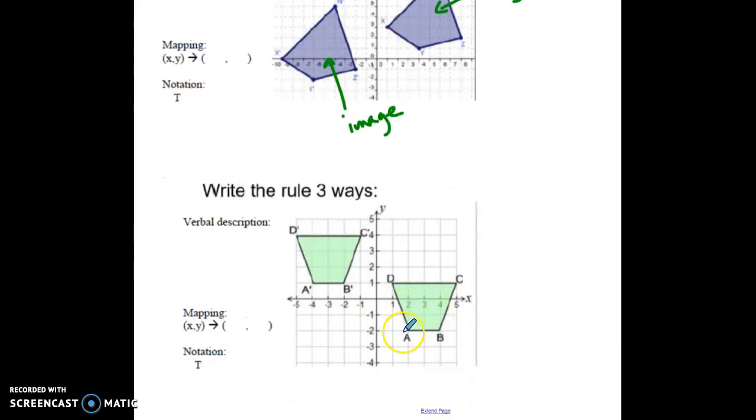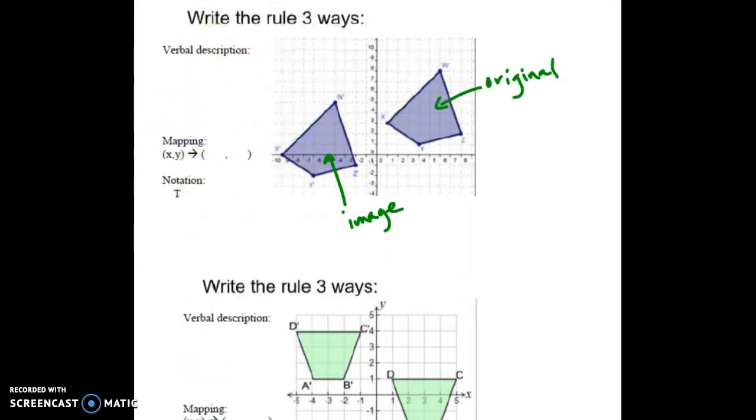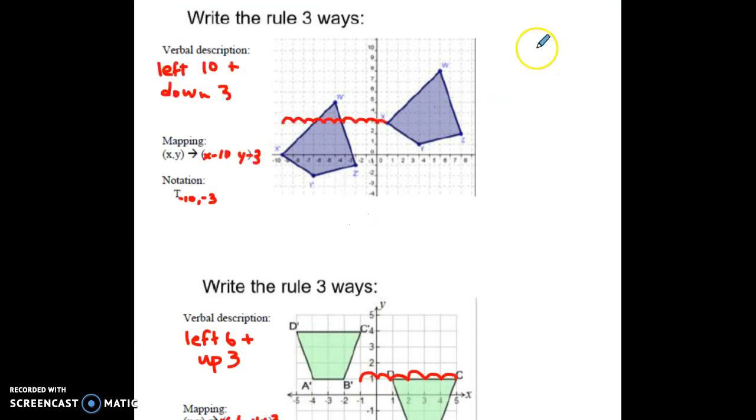Same thing with this one. Your original shape's here, plain old ABCD. How far did they slide it to turn it into this image? And try working through that notation that we're learning. So again, pause the video, try it on your own, and then play it to check your answers.